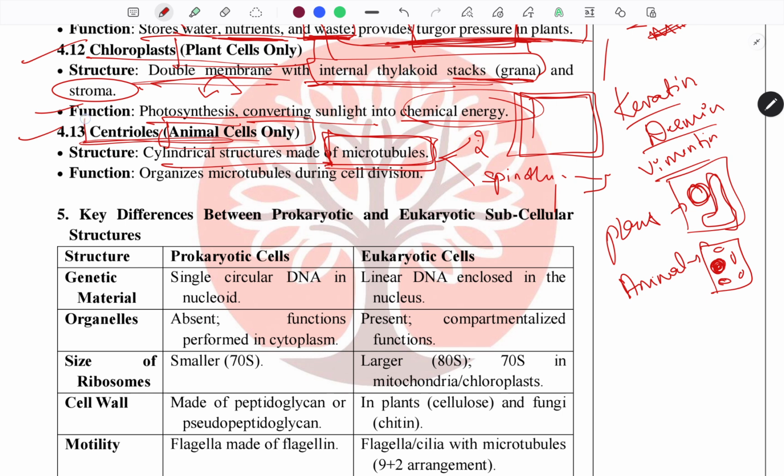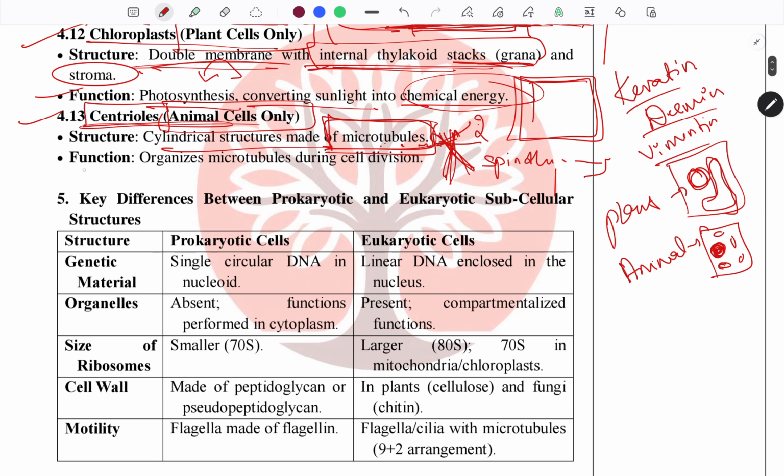These centrioles are made up of microtubules, and these microtubules will form spindle fibers. With that, these chromatids, that is genetic material, will be separated. The function of these centrioles is that it organizes microtubules during cell division.